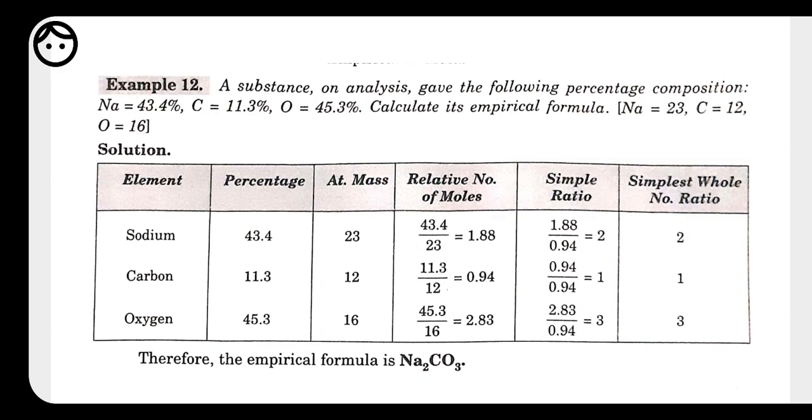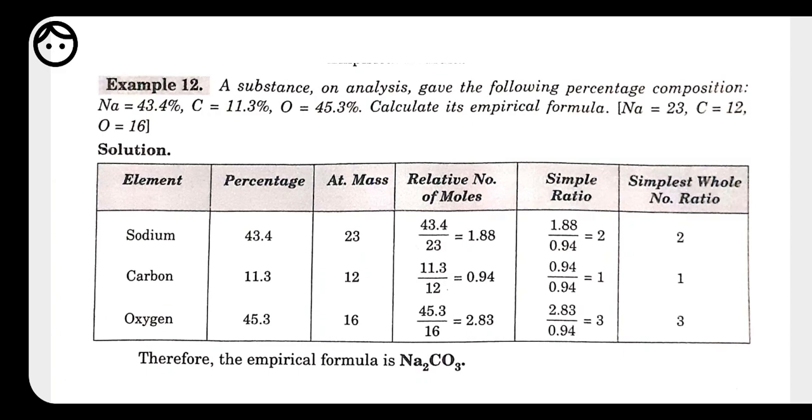In the fourth column we have to write the number of moles. How to calculate the number of moles? For each element, you divide the percentage by the atomic mass. First we divide the percentage of sodium by its atomic mass, that is 43.4 upon 23, and we get 1.88 moles.